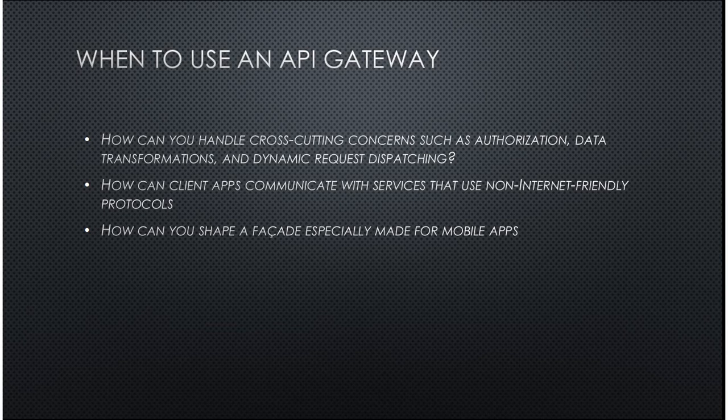When to use an API gateway: if you have a cross-cutting concern like authentication or data transformation. Let's say your microservice is not exposing its services via a REST API. Usually, how do clients connect to backend services? We use HTTP calls, right?